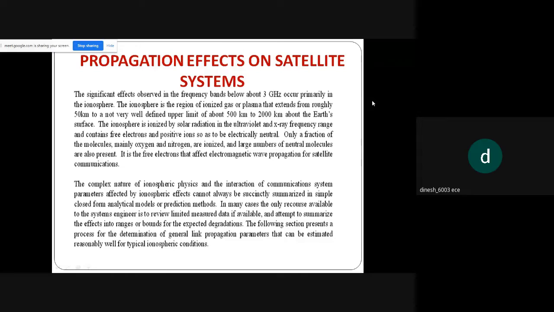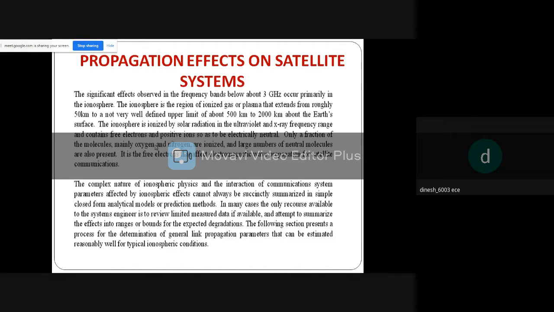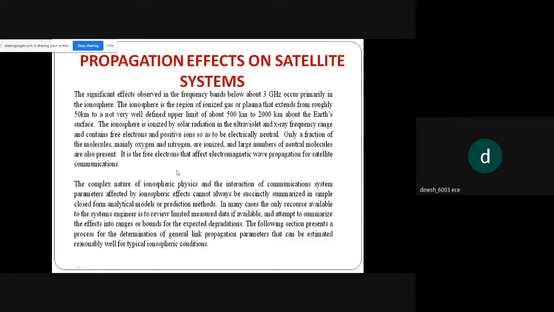Hence, only a fraction of the molecules such as oxygen and hydrogen will be ionized, and a large number of neutral molecules will also be present. So these free electrons affect the electromagnetic wave propagation for satellite communication.